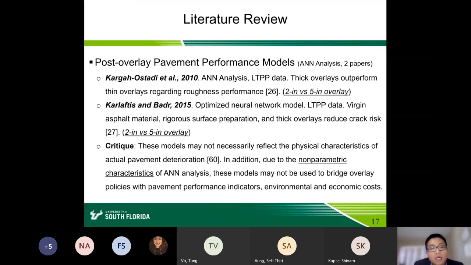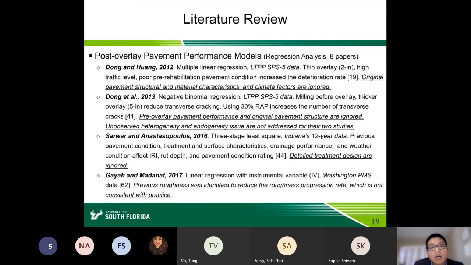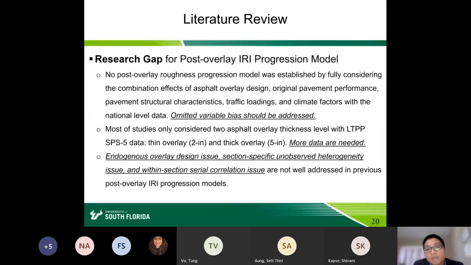Based on the literature review on post-overlay pavement roughness model, we found that no post-overlay roughness progression model was established by fully considering the combination effects of the overlay design, original pavement performance, pavement structure characteristics, traffic loadings, and climate factors.